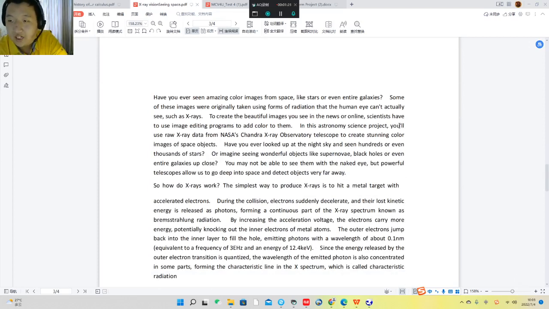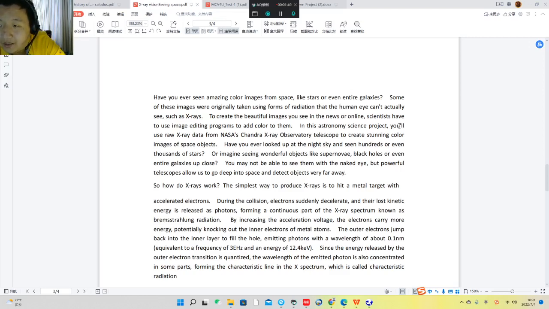So have you ever seen amazing color images from space, like stars or even entire galaxies? Some of these images were originally taken using forms of radiation that the human eye can't actually see, such as X-rays.